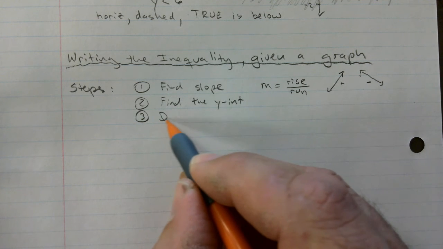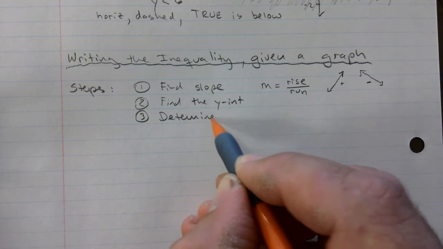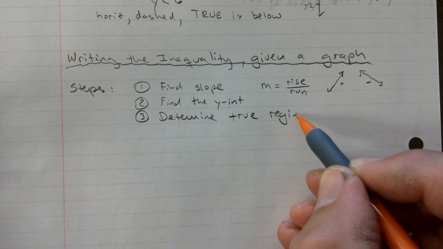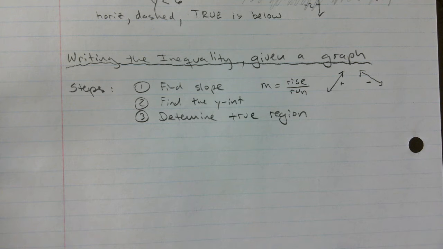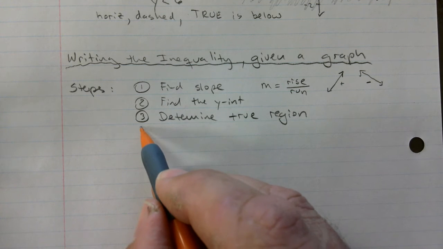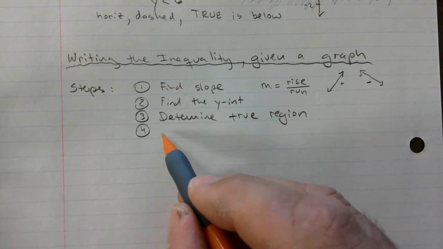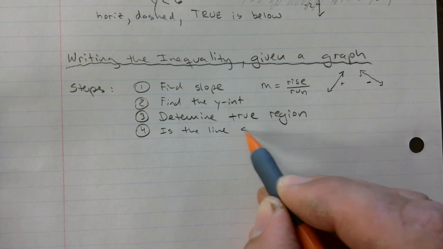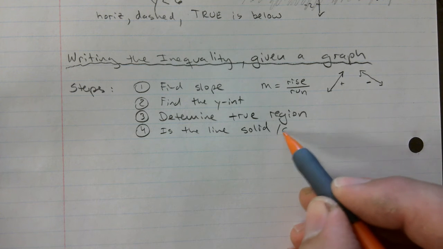Thirdly, determine true region. Fourth, is the line solid or dashed?